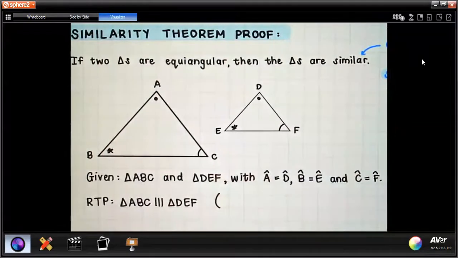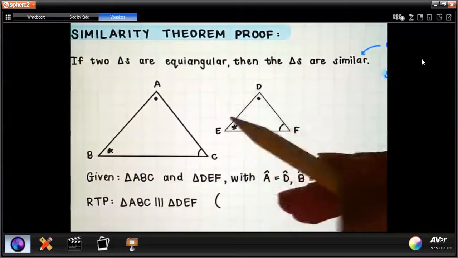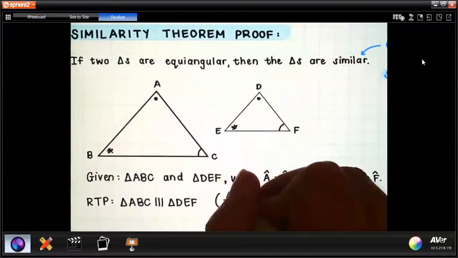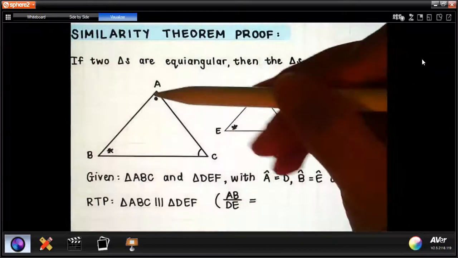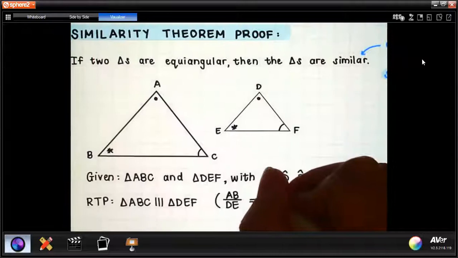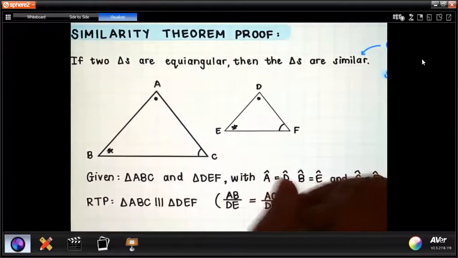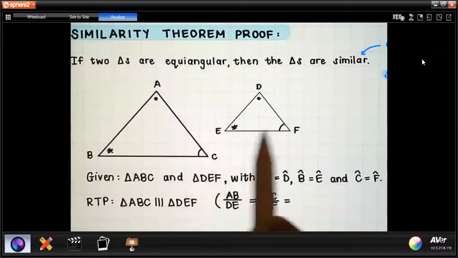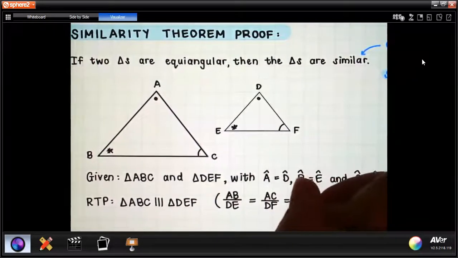So we are going to have to prove that this side, AB, over the corresponding side in the other triangle, DE, is equal to this second side over the corresponding side in the other triangle, so AC over DF, and that is then also equal to the third side, which is BC over the corresponding side in the other triangle, so BC over EF.